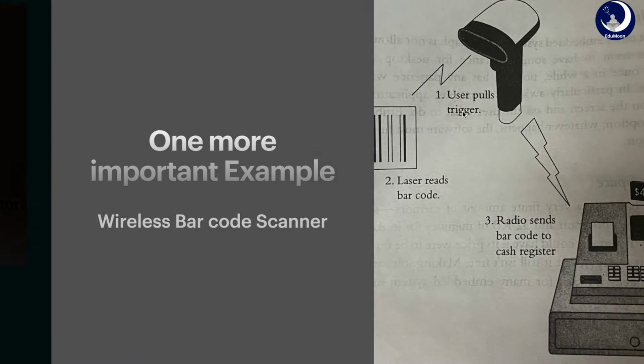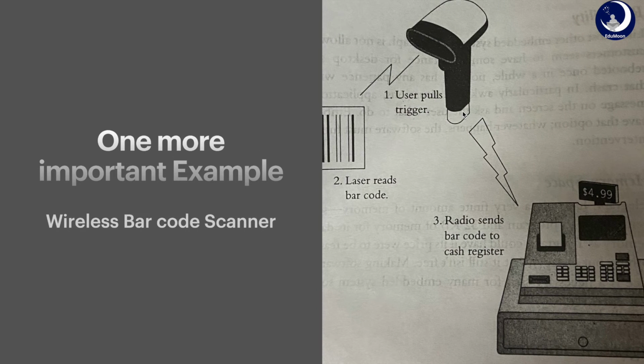And the other is a wireless barcode scanner. This is also one of the good examples of an embedded system. You can just go through this and see how it really works, right? So say for example, the user pulls the trigger.